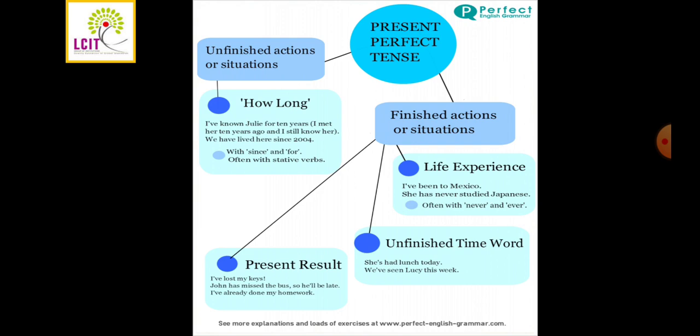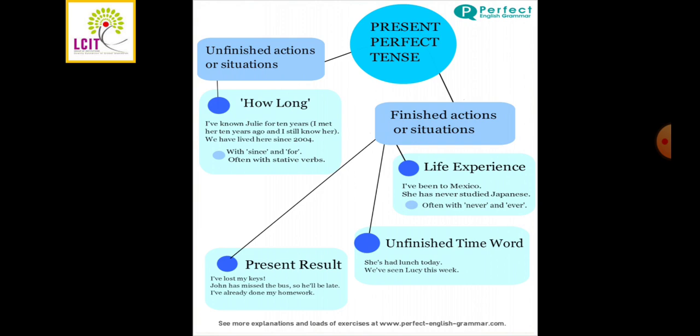Actually the word perfect itself means completed. Okay, now there are three times: present, past and future. So the present perfect tense tells us that an action is complete with respect to the present.